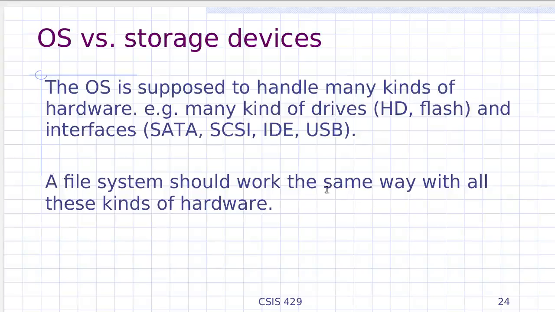So the key abstraction of storing data on these very different devices, hard drives, USB drives, things like that, is that of a file system. And we pretend they just all work the same way, even though if you look at the hardware, they're very different devices.